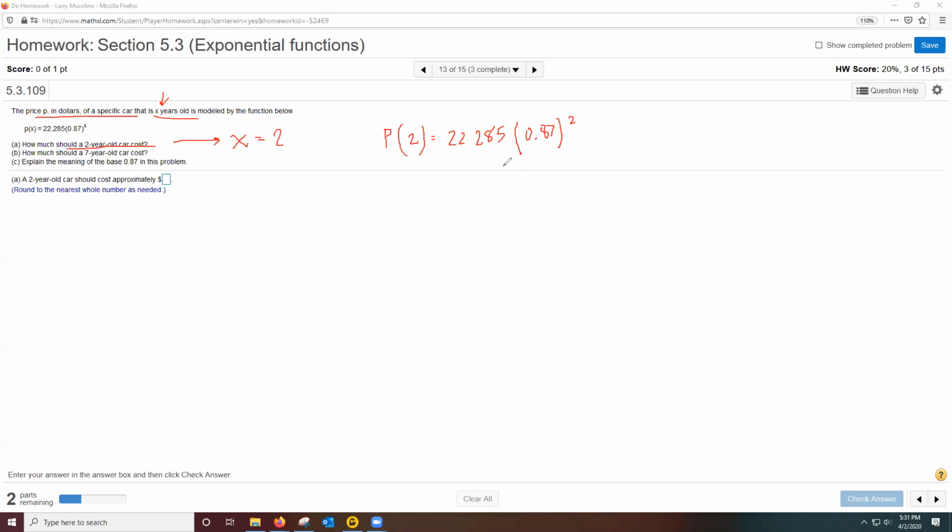And be careful, this exponent 2 only applies to this base 0.87. The exponent 2 doesn't apply to this number 22,285 in front. So if I work this out on my calculator, I'm getting the answer 16,868, because I'm noticing it says round to the nearest dollar.